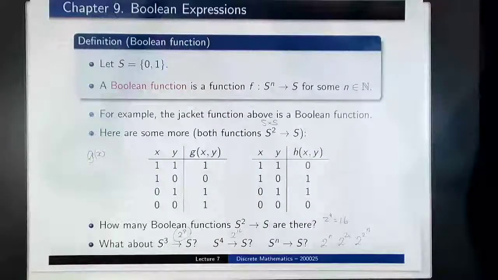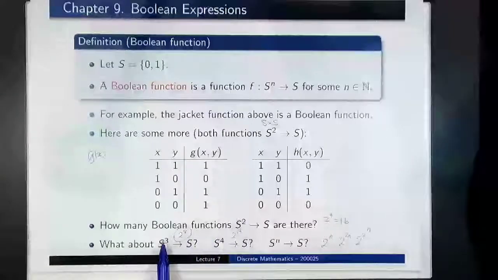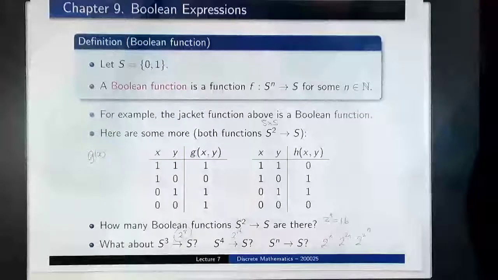No, hang on. Firstly, have a look and see what the pattern is for 2, 3 and 4. See what the pattern is when n is 2, n is 3, n is 4. It's 2 to the power of the size of the power cell. So 2 to the 2 to the n would be correct. Okay, there's an argument and a vote for 2 to the 2 to the n.